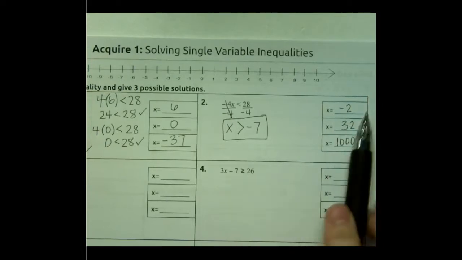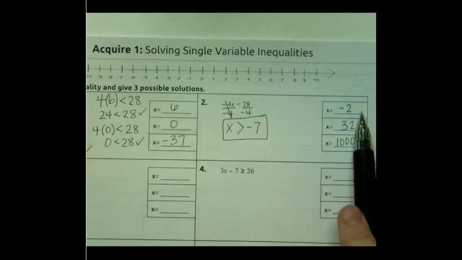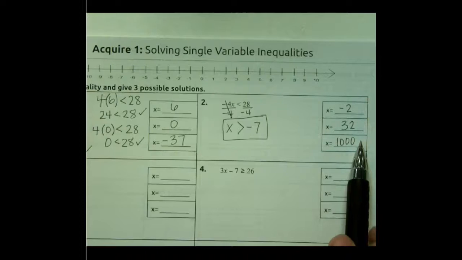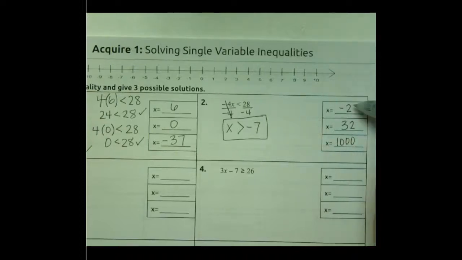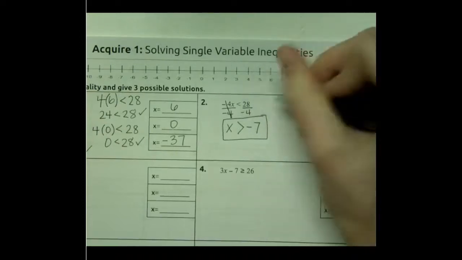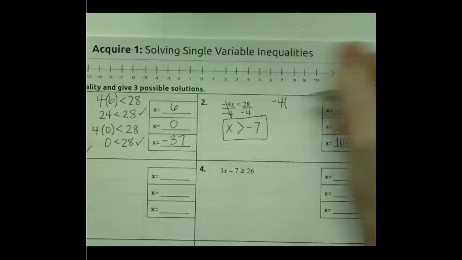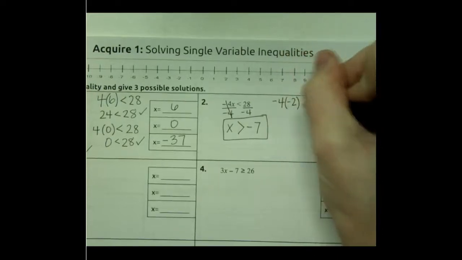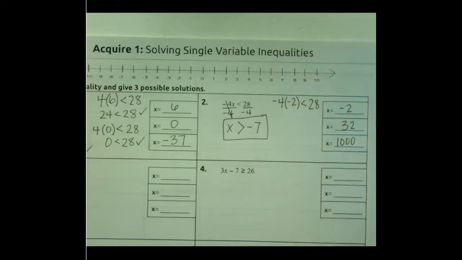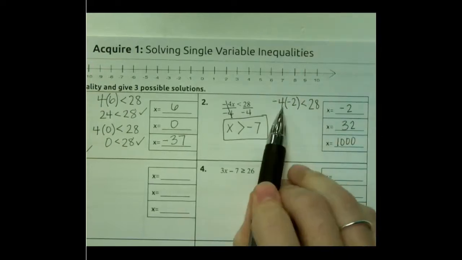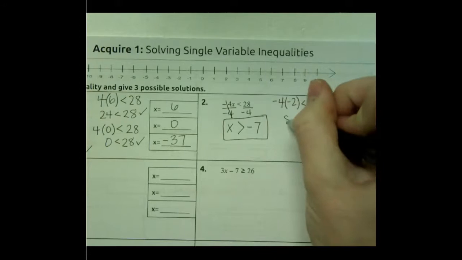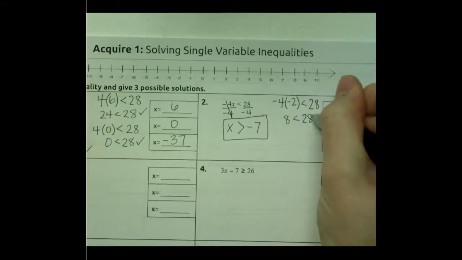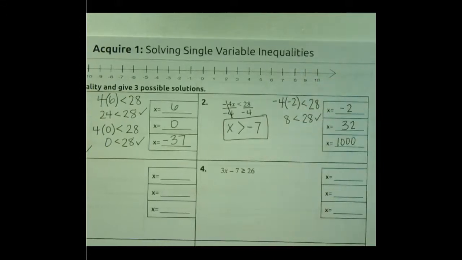So in order to check these, I'm going to check just the first one, but you should be checking all of yours to make sure that you picked good numbers. I'm going to take this x, and I'm going to plug it into my original. So negative 4 times negative 2 should be less than 28. Negative 4 times negative 2, positive 8, is less than 28, which is true.